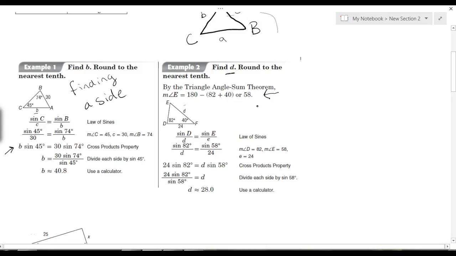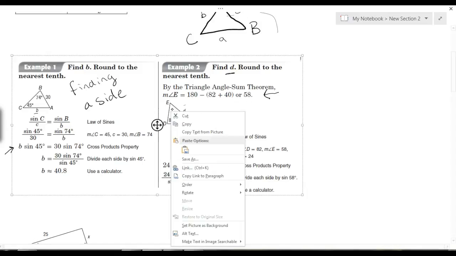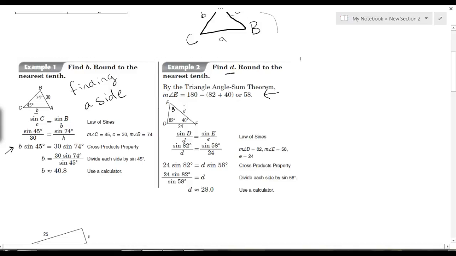Because the sum of all the angles in any triangle is 180 degrees, we can take 180, subtract the two angles that we know, and we're left with 58. So E equals 58.